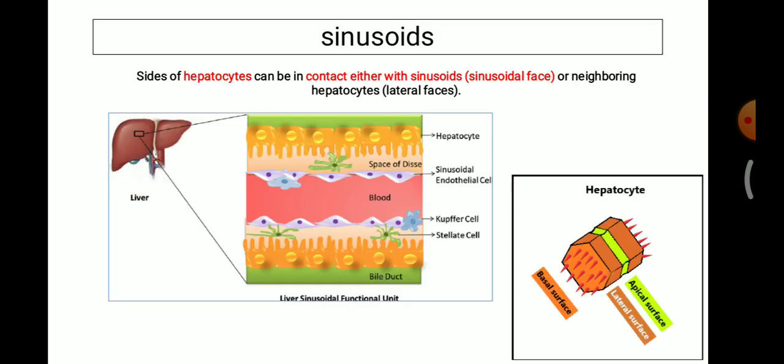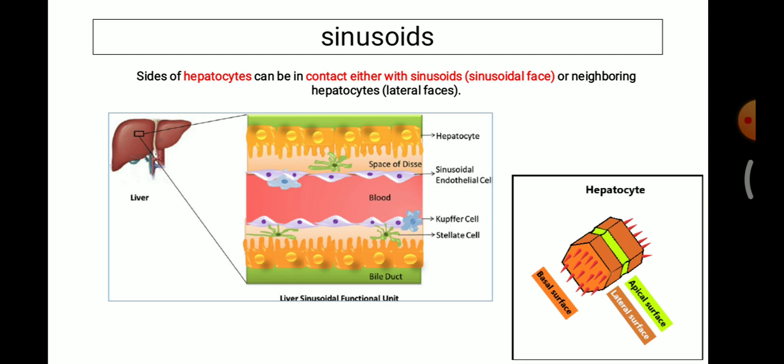Next terminology is sinusoids. The sides of hepatocytes can be in contact either with sinusoids or neighboring hepatocytes, that is, lateral faces. You can see the sinusoidal space in the figure when you cut it down.